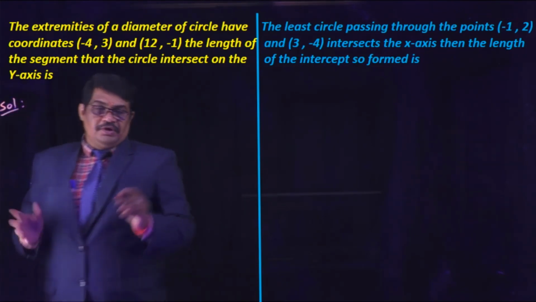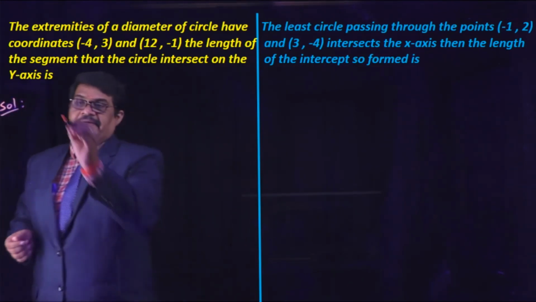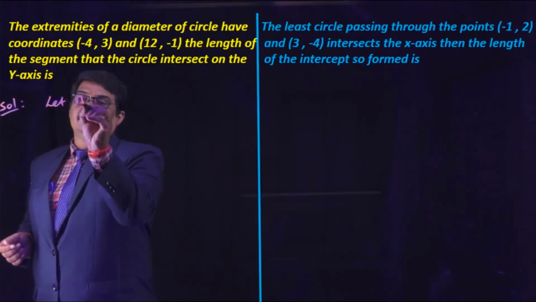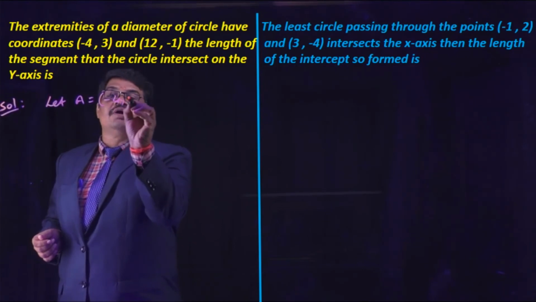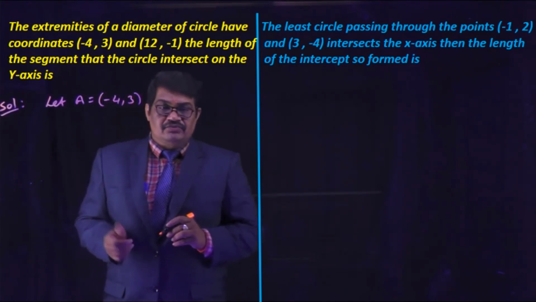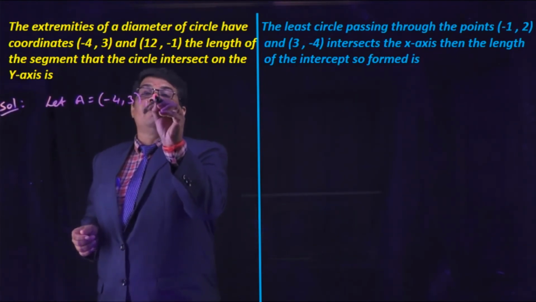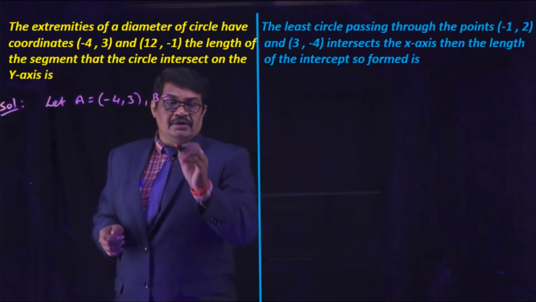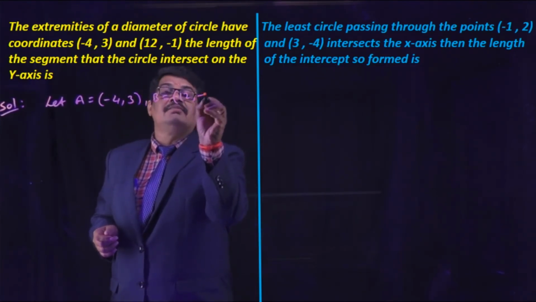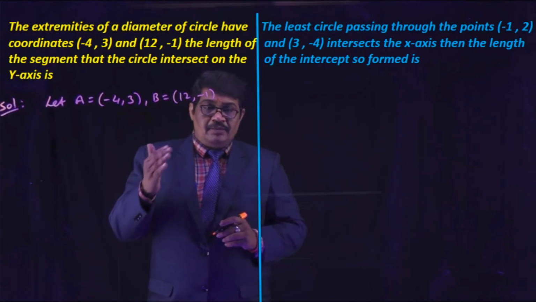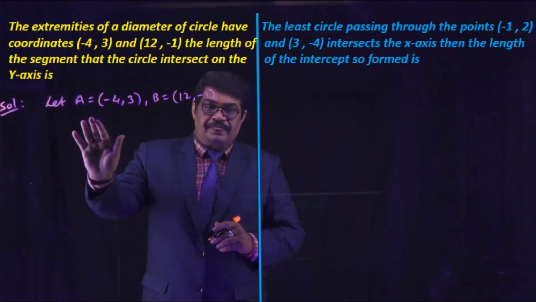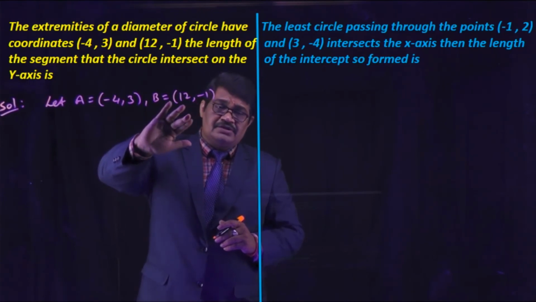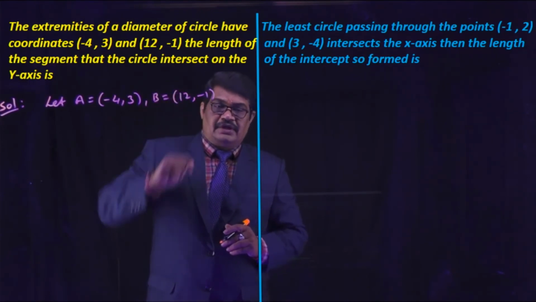Here the given points are taken. Let A be the first point (minus 4, 3) and B the other point (12, minus 1). These are the extremities of the diameter of the circle.